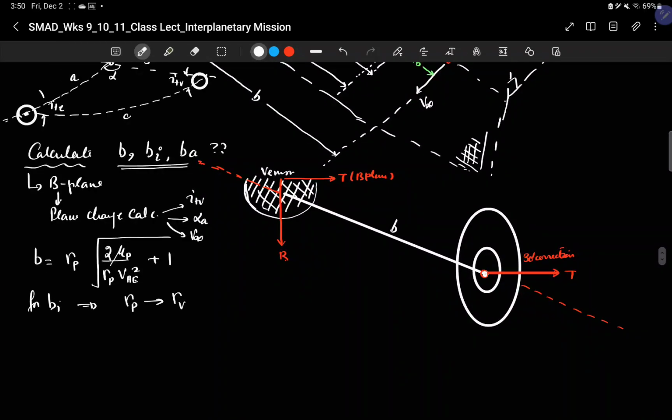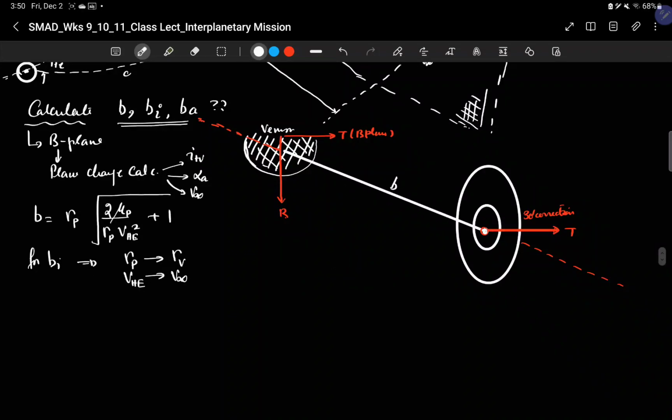The mu will be used as it is. The VHE is at the departure, so we will replace it with the V infinity at the arrival.